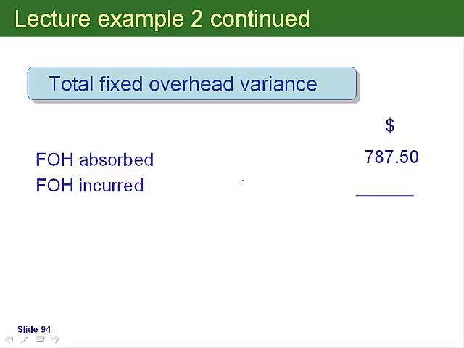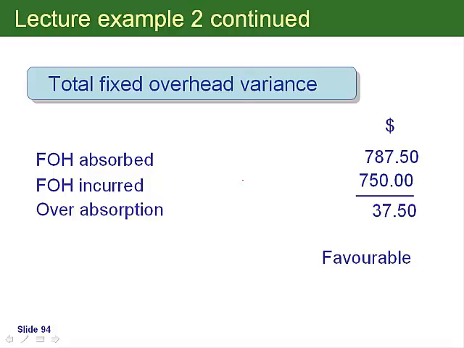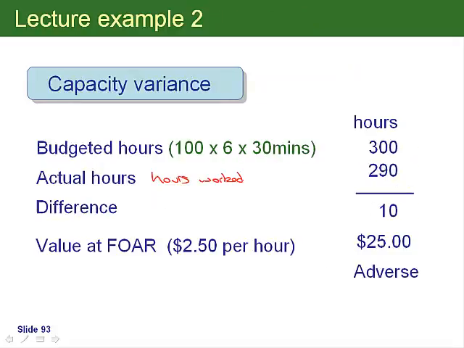Now, if we were to reconcile all of that, we can see here now our capacity variance here is 25 adverse. Our efficiency we calculated as being 62.50 favourable.